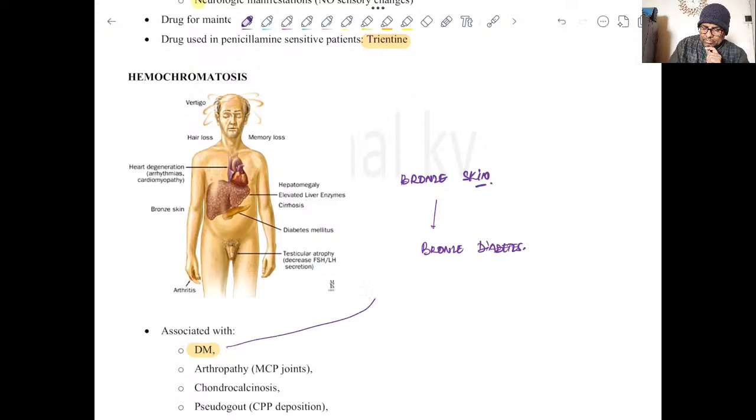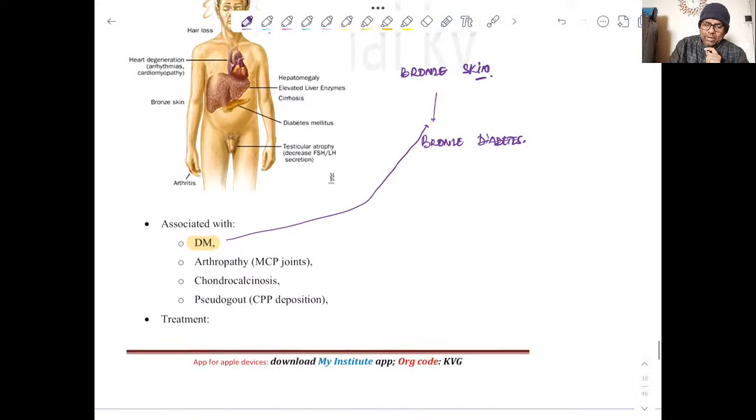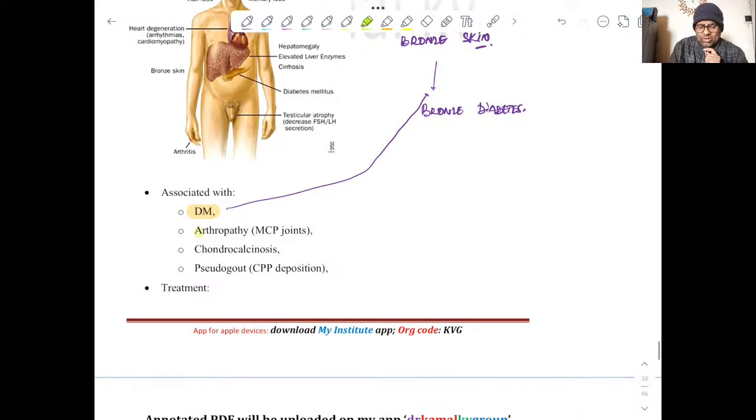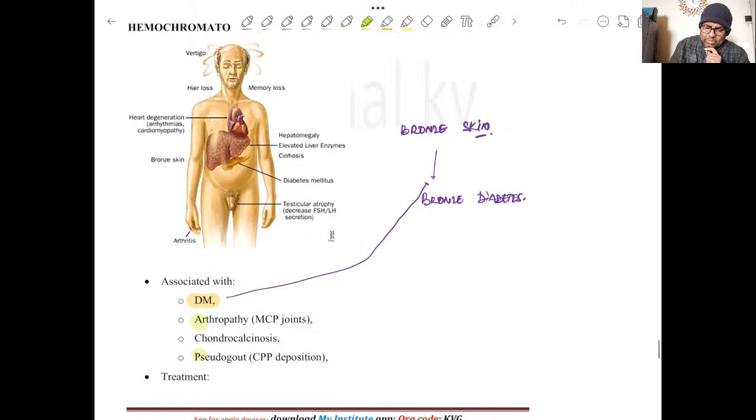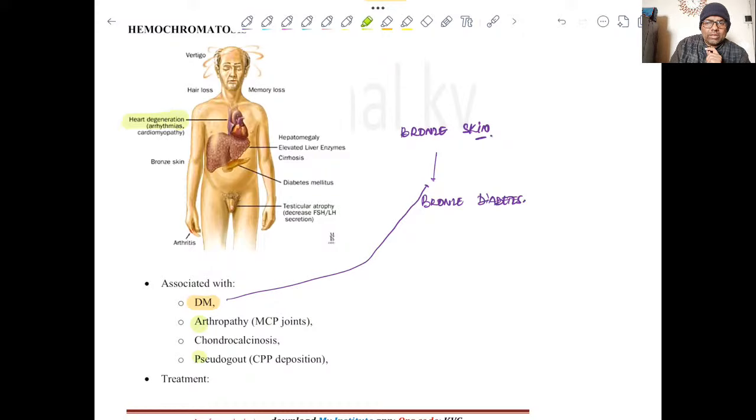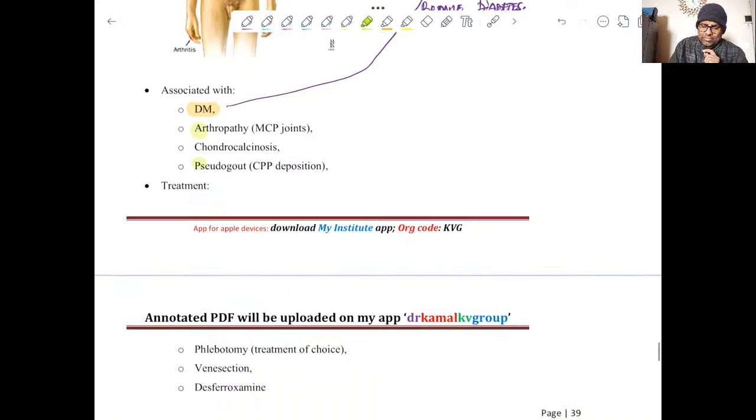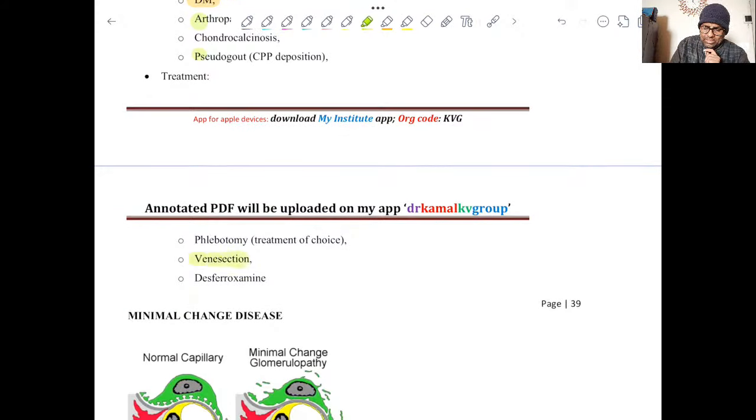Clear? Then there can be involvement of joints or pseudogout, right? Or even the heart. Treatment, we need to do venesection or phlebotomy, and we need to remove around 500 ml of blood every week. Chelating agent is desferoxamine.